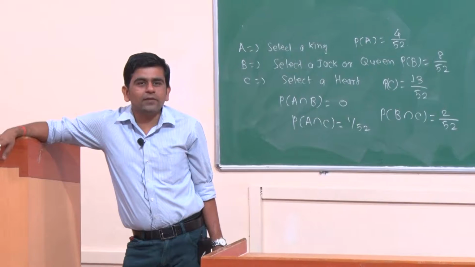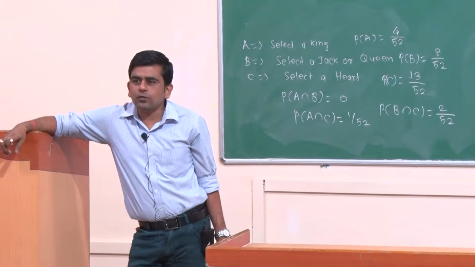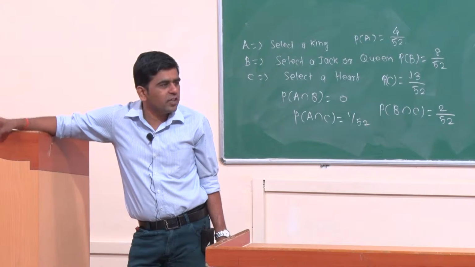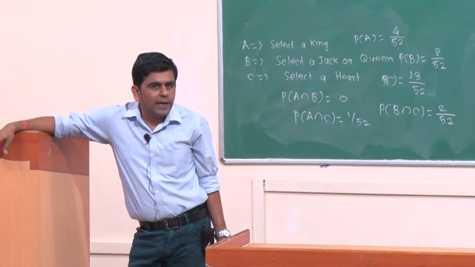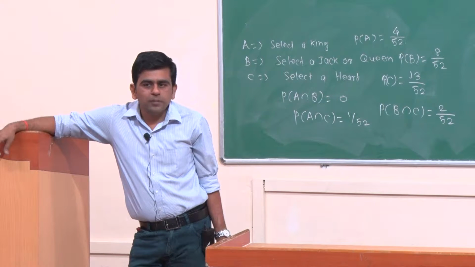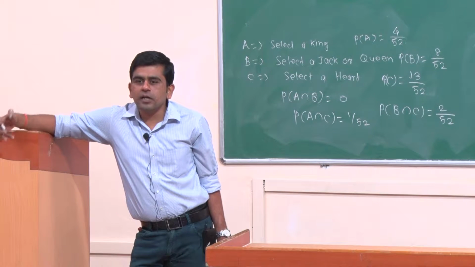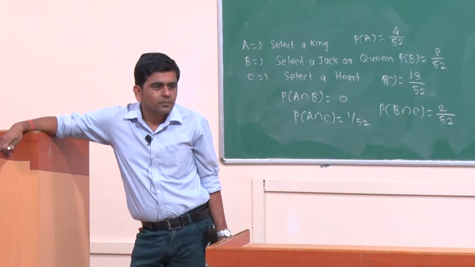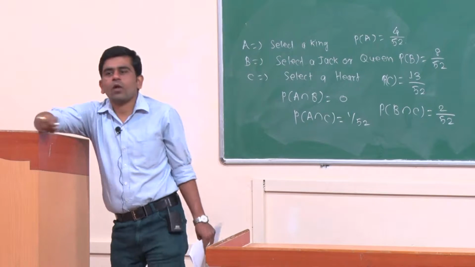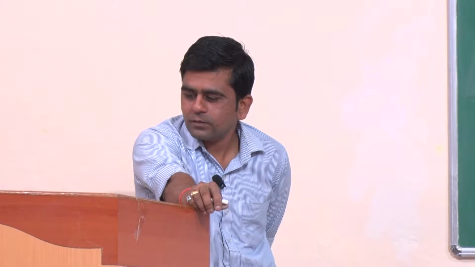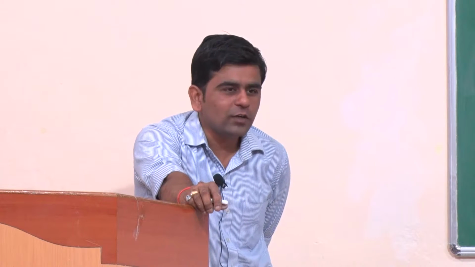Now here we are having the 3 events A, B, C. We have to find out whether they are orthogonal to each other or they are statistically independent. Find out of these 3 events which are the events are statistically independent to each other. A and B are orthogonal to each other.